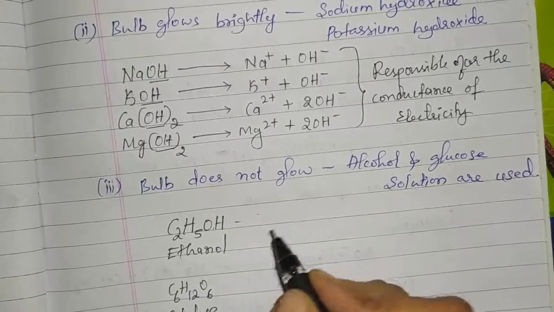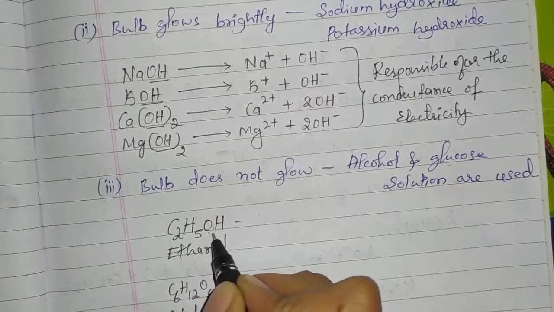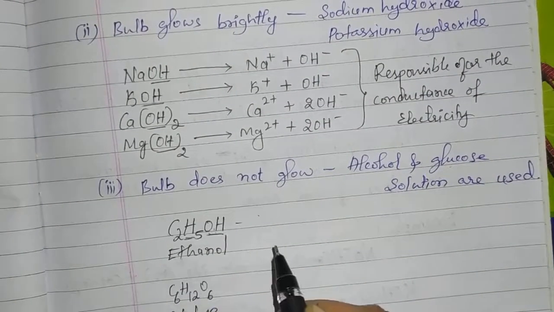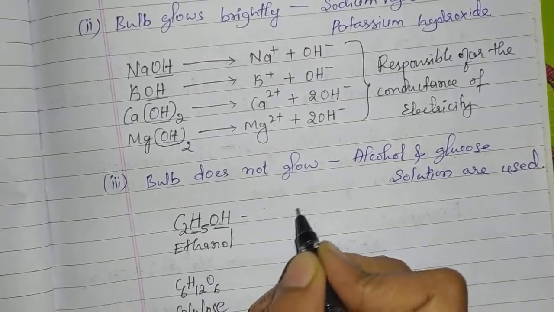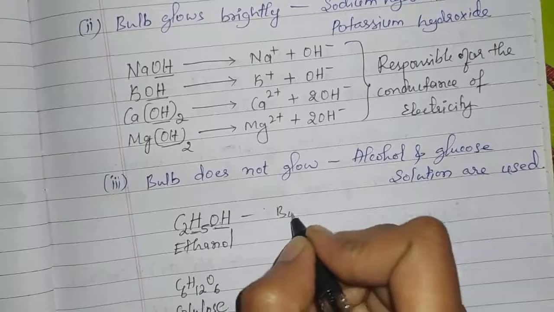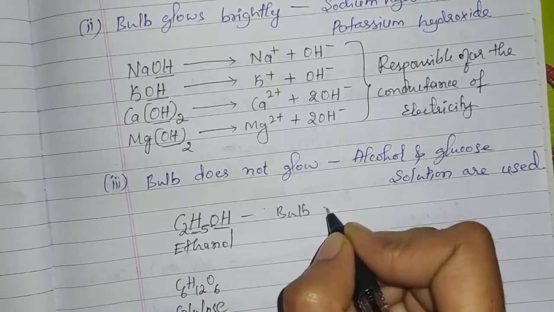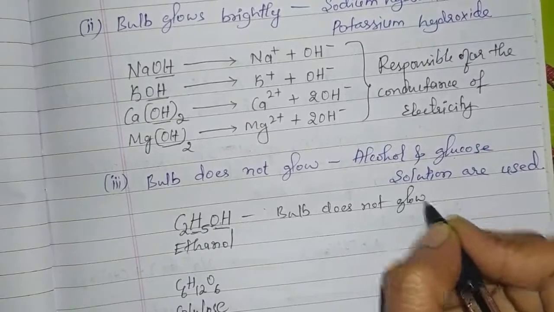Even though, see here, ethanol has OH as well as hydrogen atoms, when this activity is carried out using alcohol, the bulb does not glow.